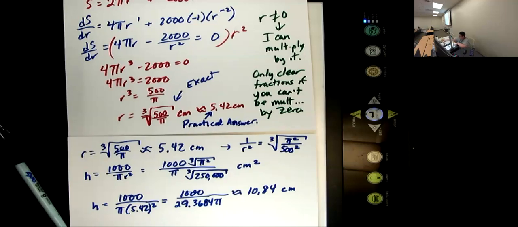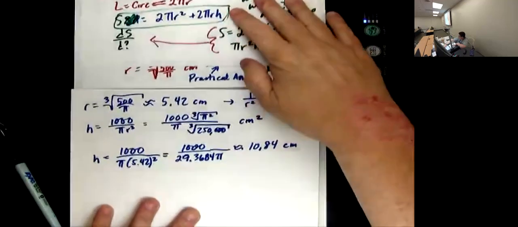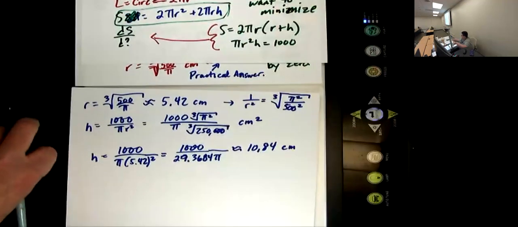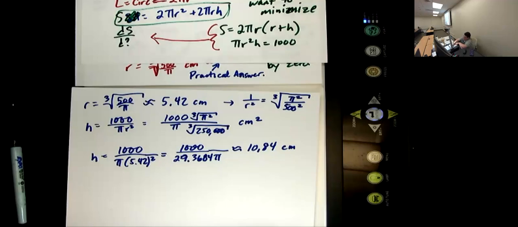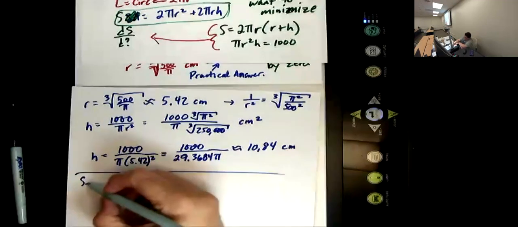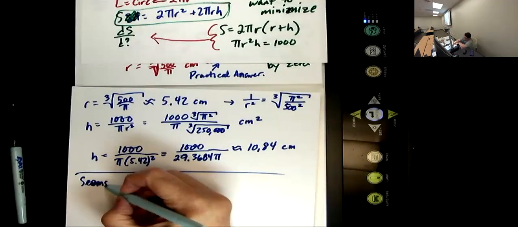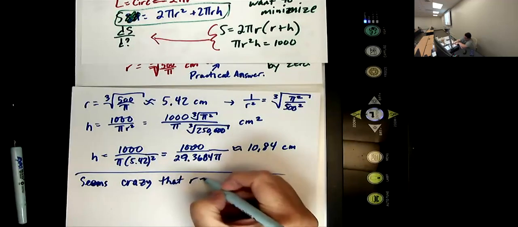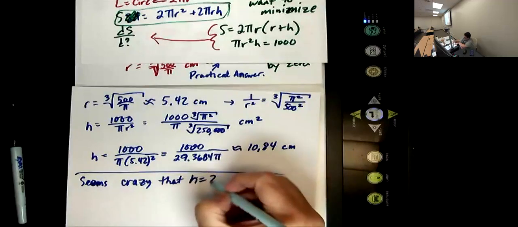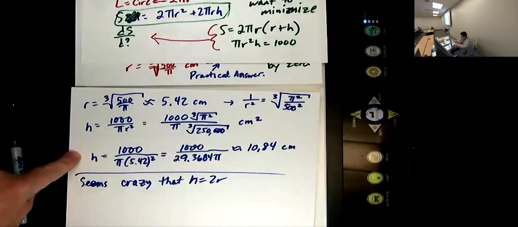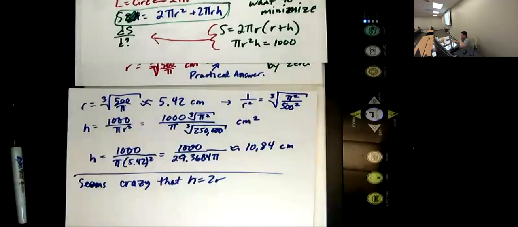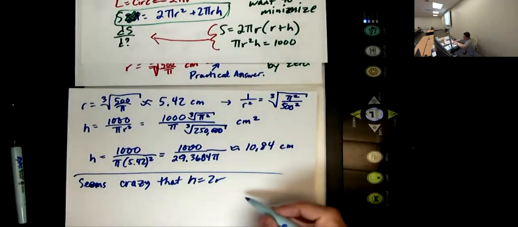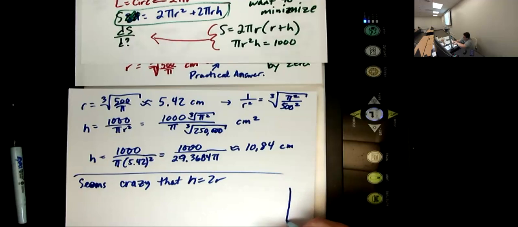You are going to find as you go through problems, especially with things like the perfect size rectangle, that it seems crazy to have double, right? Or h equals 2r. That's effectively what I got. 2r is just the diameter.